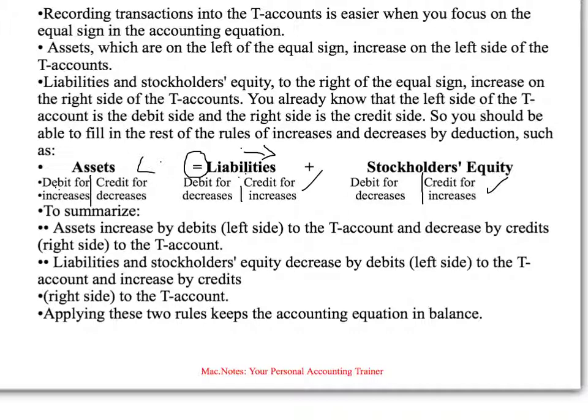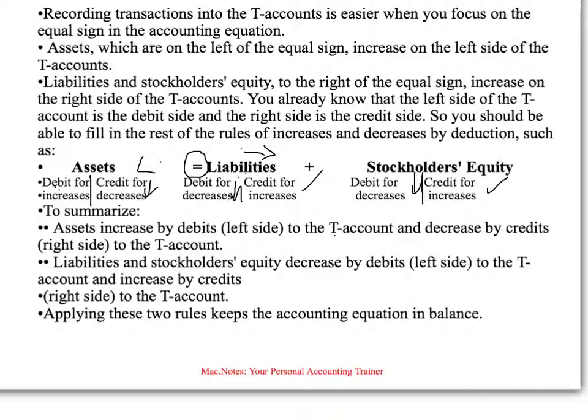Now, the opposite, a decrease, of course, if we're talking an asset, will be a credit, and a decrease, if we're talking a liability, will be a debit. So to summarize, assets increase. It's where we record the transaction. If we record it on the left side of the asset, that means it's an increase to the asset.